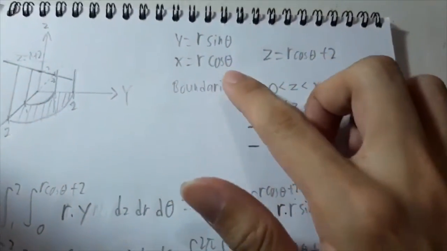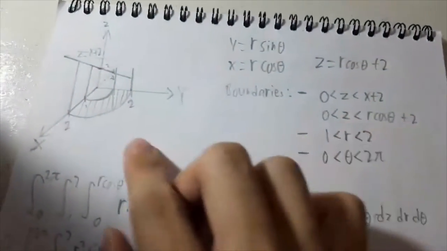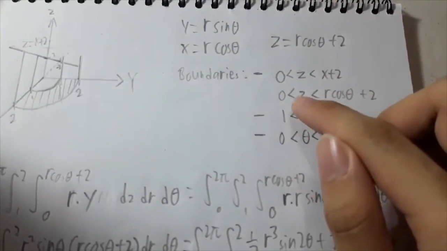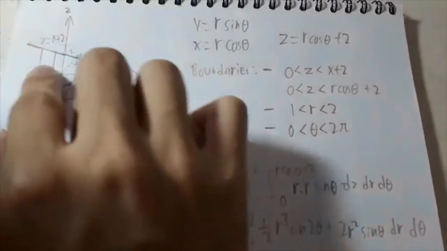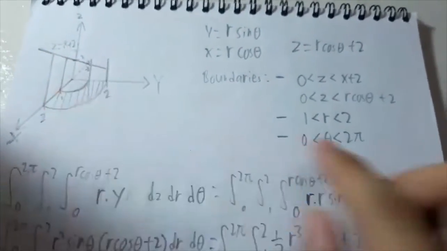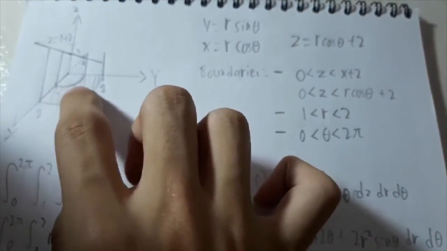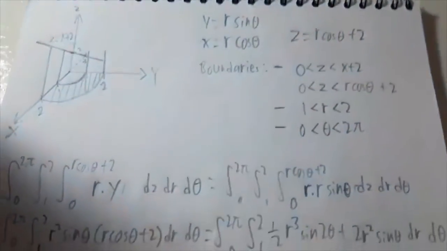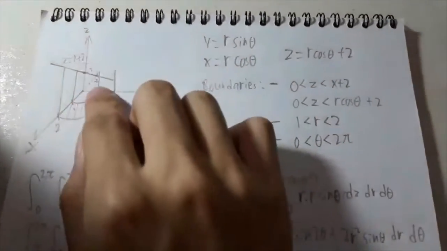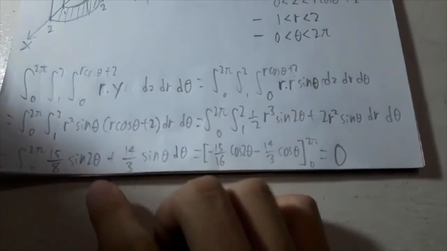The x is substituted with r cos theta. Then these are the boundaries: z from 0 to r cos theta plus 2, which is the line, r from 1 to 2, which is the shaded area, and theta from 0 to 2 pi, which goes from the y-axis back to the y-axis. And this is the solution for the first problem.